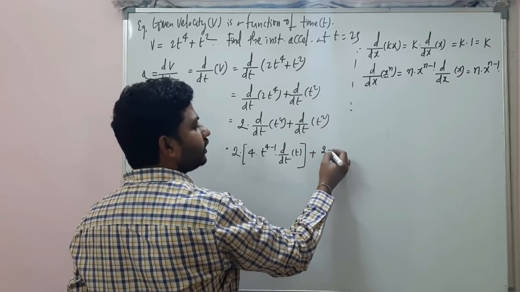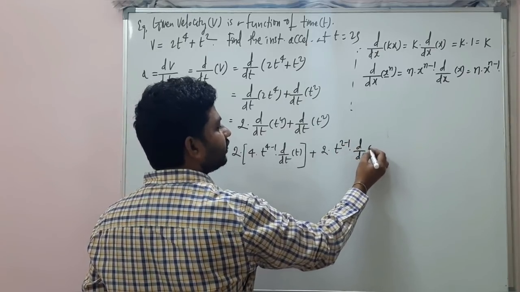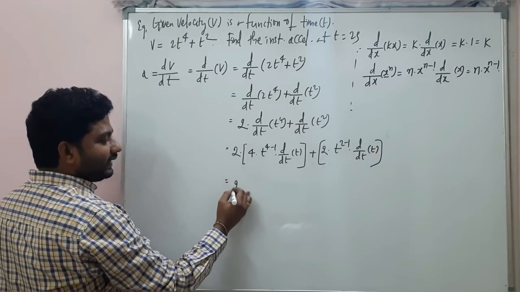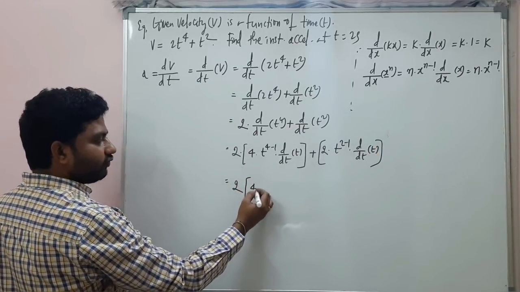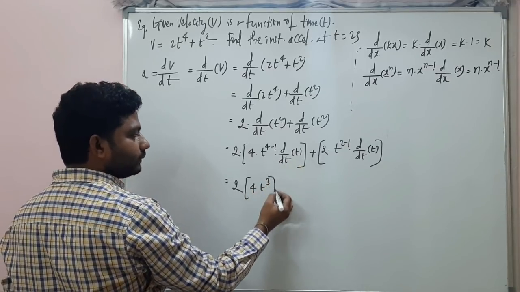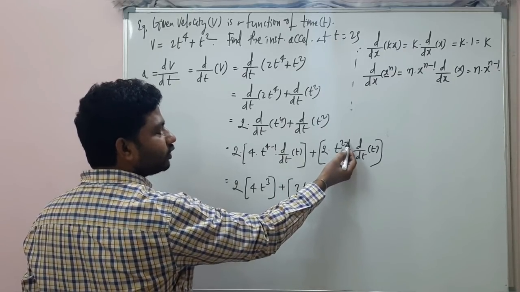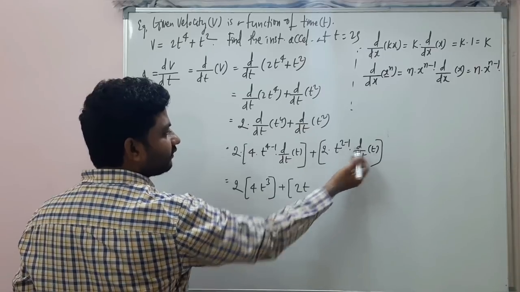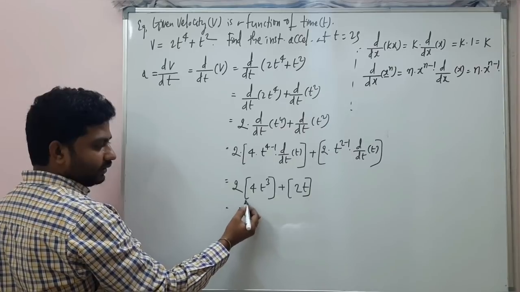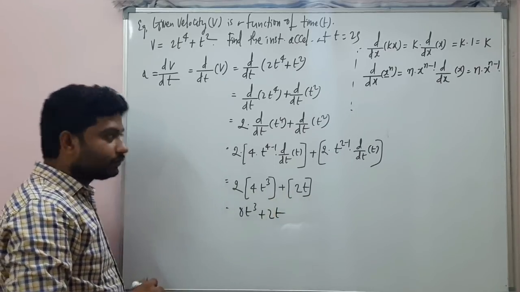So this is 2 into t to the power 2 minus 1 into d by dt of t. So in detail I have mentioned 2 into 4 into t cube into, this d by dt of t is 1, plus 2 into t to the power 1. So d by dt of t is 1. See here, 8t cube plus 2t.